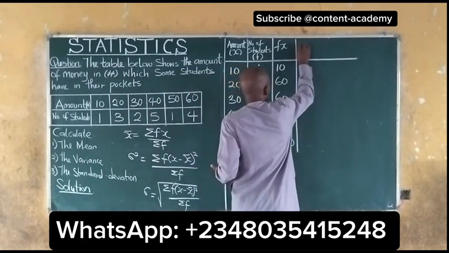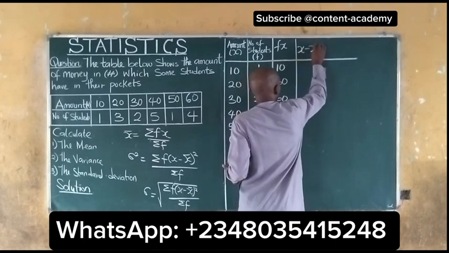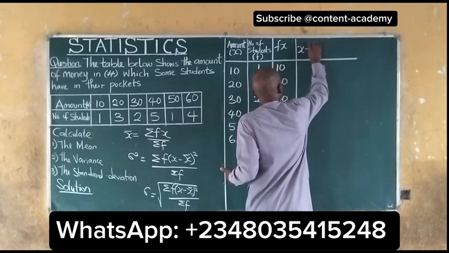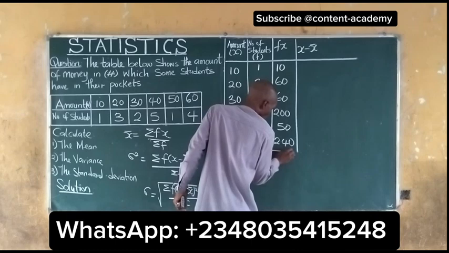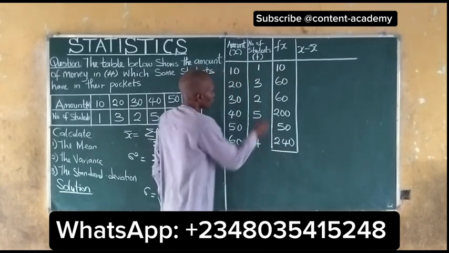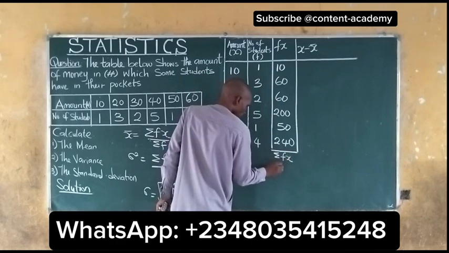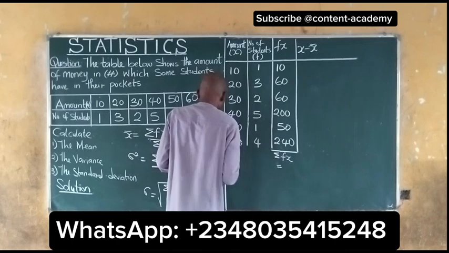The next on the table will be x minus x bar. Now, we don't know our mean. For me to calculate our mean, we'll first get the total of this, summation of f of x, which means to sum the whole of this.